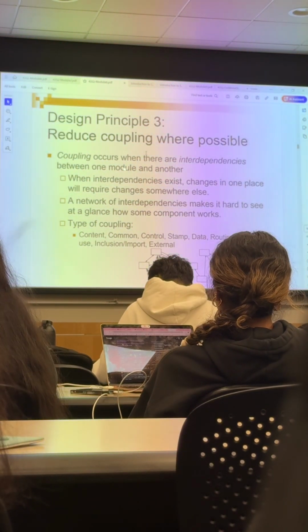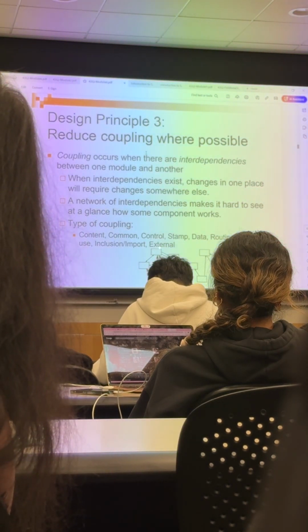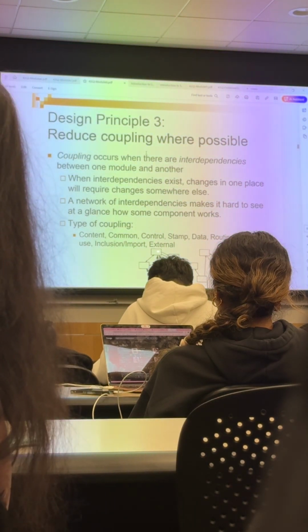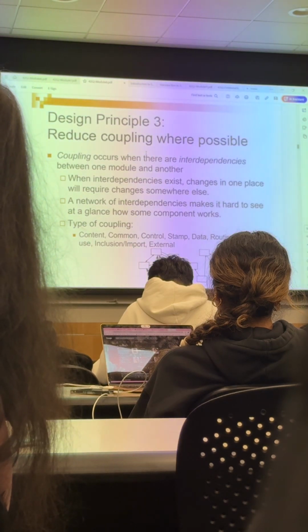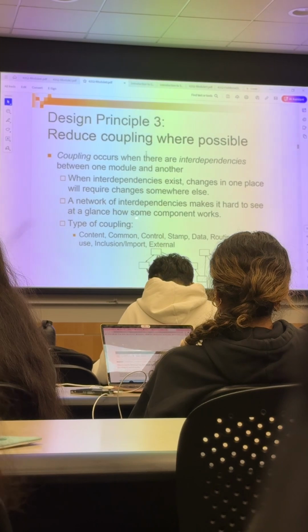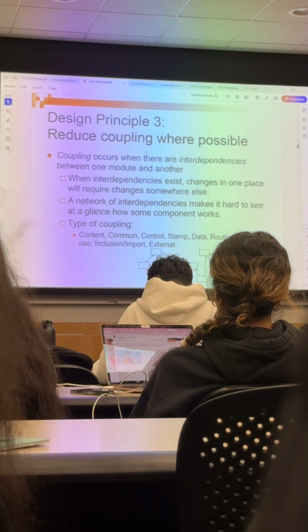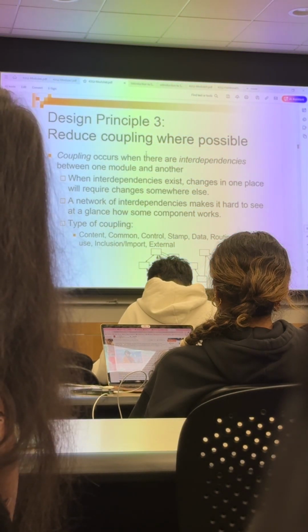Design principle 3, reduce coupling. This talks about interdependencies or interactions between different parts or modules of the same system. We're going to reduce the interdependencies so that we can increase the localization of changes. We want to make sure that most of the changes will be local so that we can maintain the product easily.